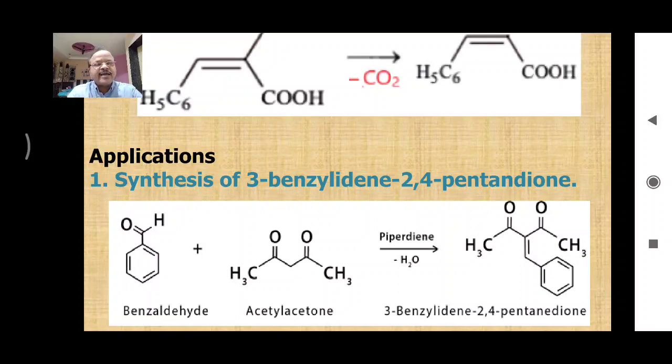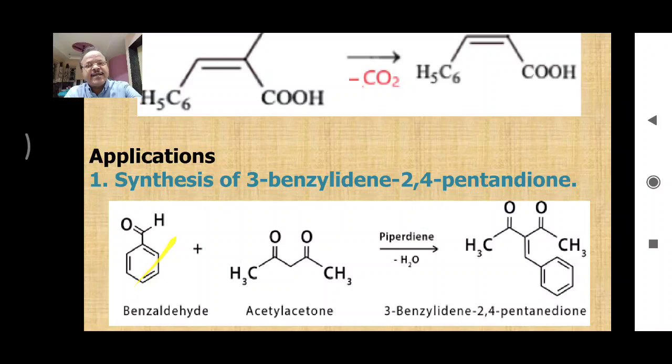Now why are they acidic? Because this CH2 group is present in between this C double bond O group and this C double bond O group. So these two carbonyl groups induce strong negative inductive effect. As a result, the two hydrogens of CH2 become acidic.